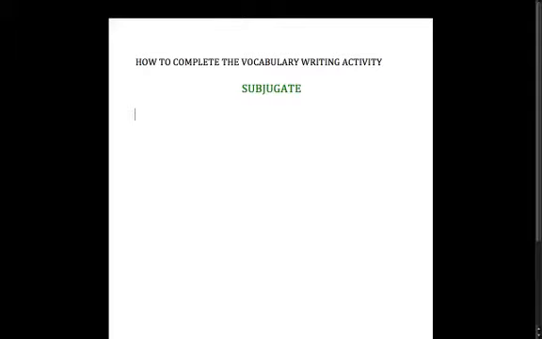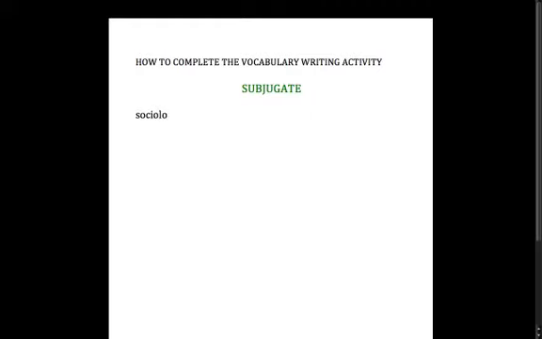Okay, so if you recall, the first step is to write a sentence that identifies what discipline the word subjugate belongs to. If you recall, subjugate has to do with how people interact with one another, and that field is really sociology.